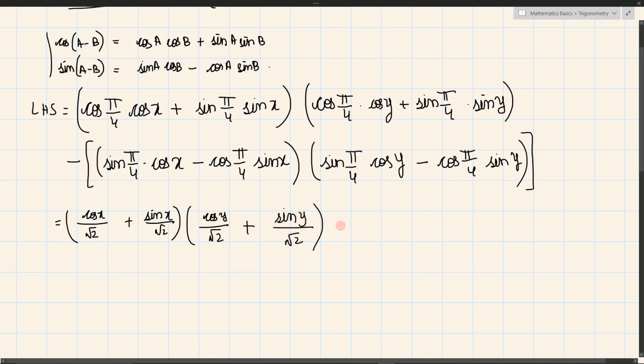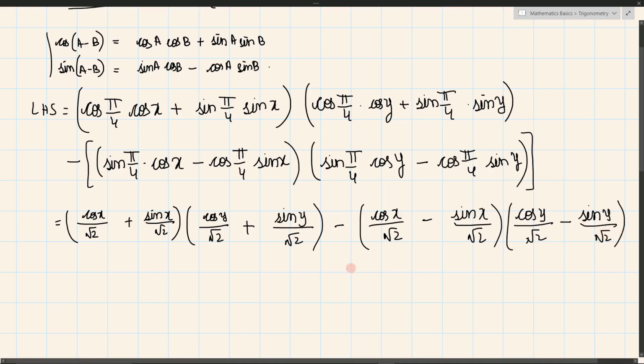So we have minus of cos x by root 2 minus sin x by root 2, multiplied by cos y by root 2 minus sin y by root 2. So we can take 1 by 2 as common, since root 2 into root 2 gives 1 by 2.